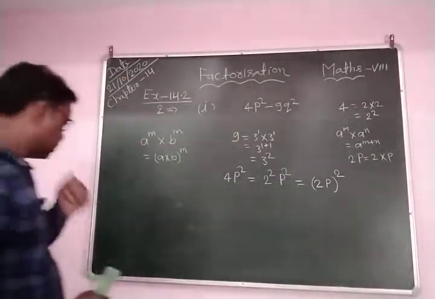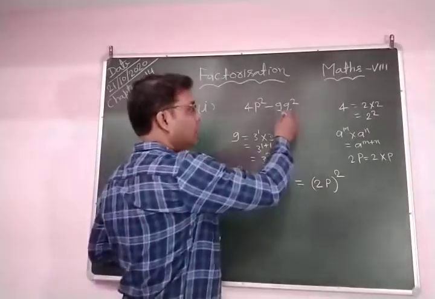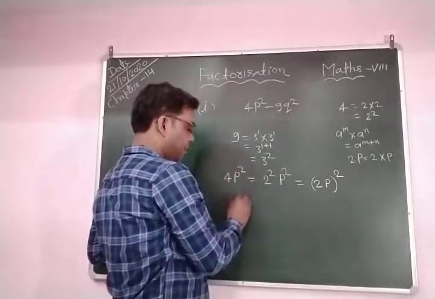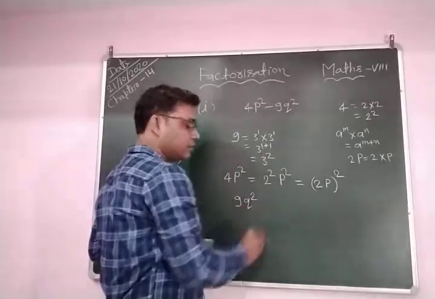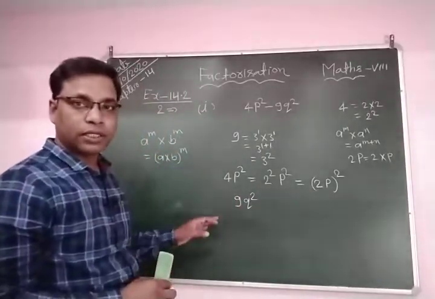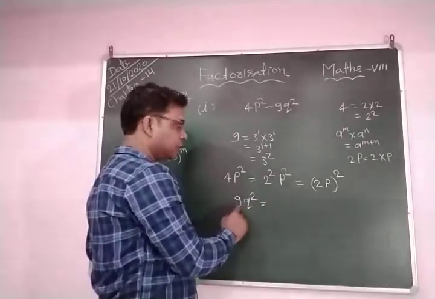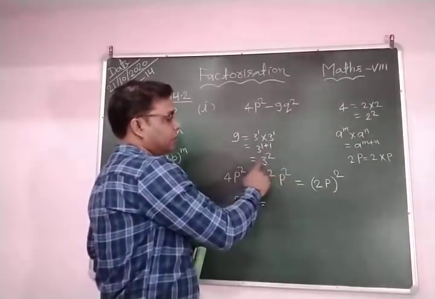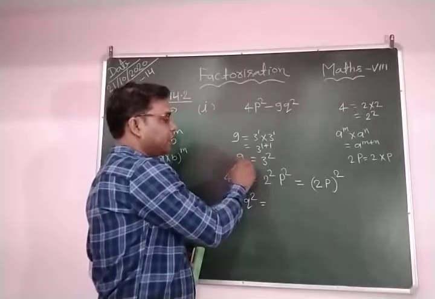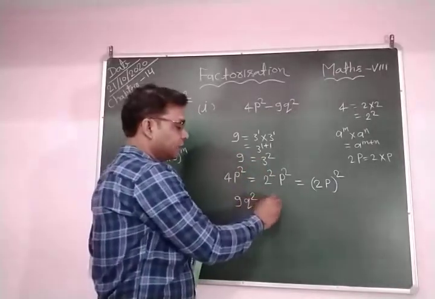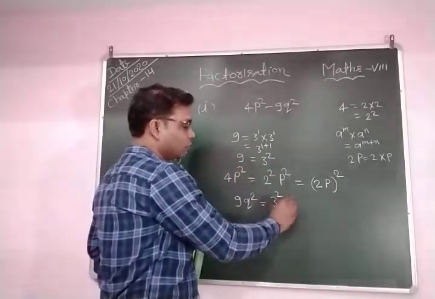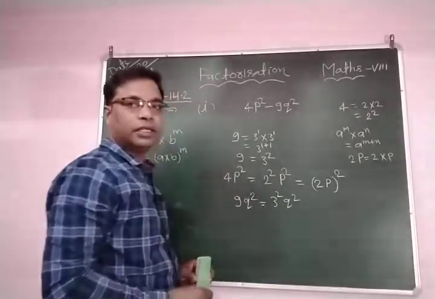Now similarly, 9q square. You can write 9 is equal to 3 power 2, so you can write 3 power 2 into q power 2. Clear?